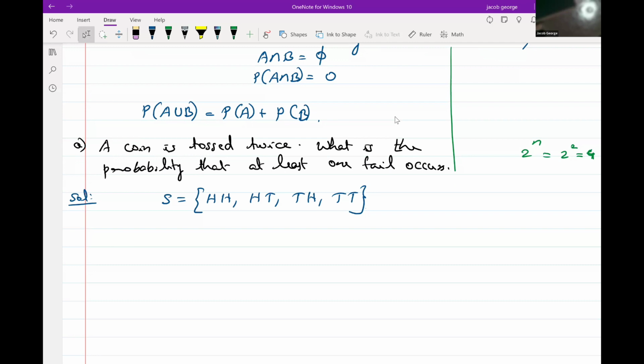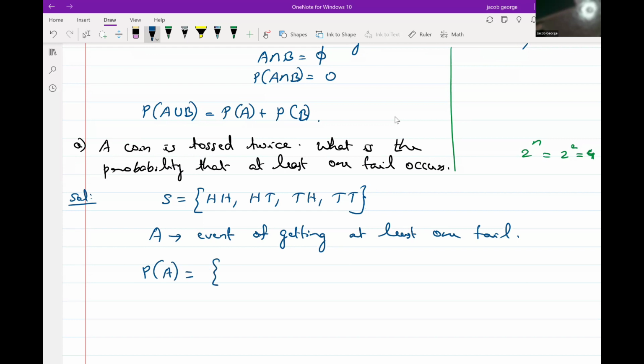So let A be the event of getting at least one tail. What does it mean? Last year also you have studied. At least one tail means one tail or more than one tail.